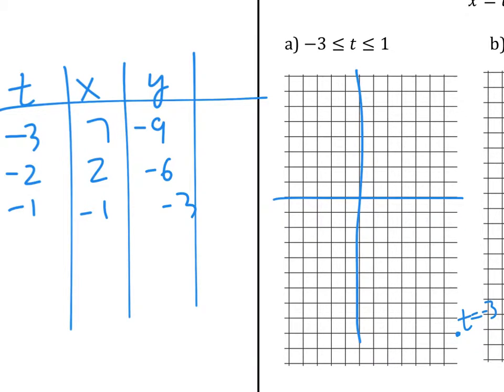So at t equals negative 3, the coordinate is 7, negative 9. At t equals negative 2, the coordinate is 2, negative 6. At t equals negative 1, the coordinate is negative 1, negative 3.